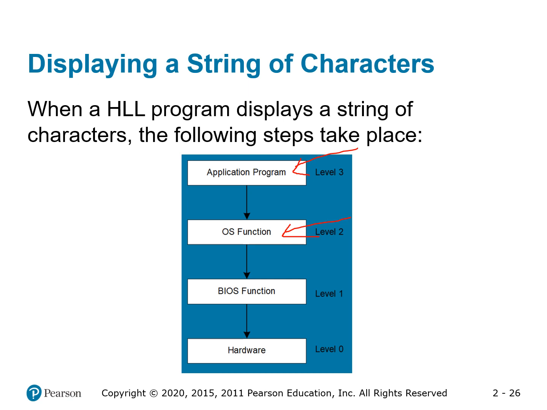But you don't have to do that. You just have to call this little function and give it the string that you want to write to the console. Then the operating system function, so we're at level 2, uses a loop to call a BIOS subroutine, passing it the ASCII code and the color of each character.